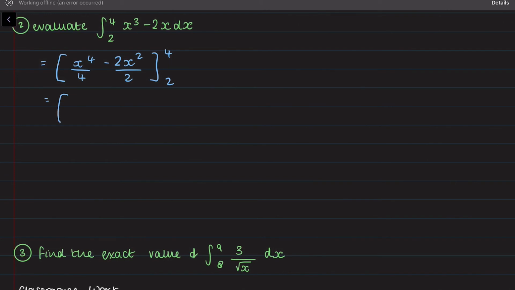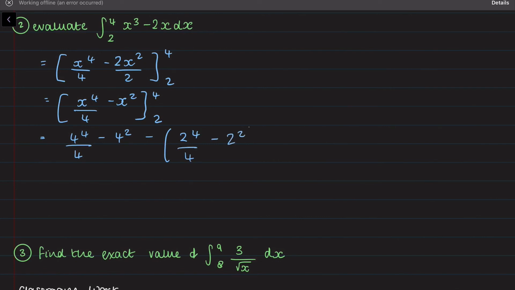Just going to simplify that. Then I'm going to apply my limits. So I'm going to have this for my first part. Then I need to take away the whole of the function with the lower limit. Pop that in my calculator. I end up with 48.